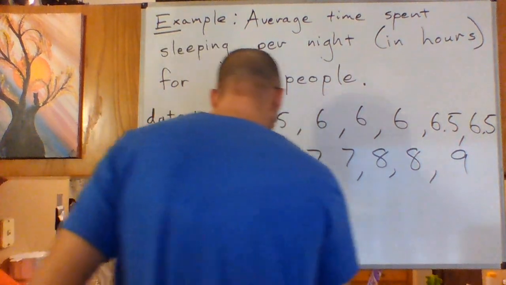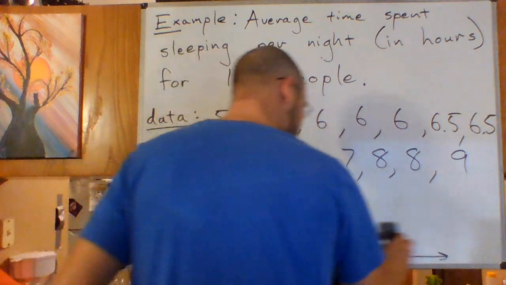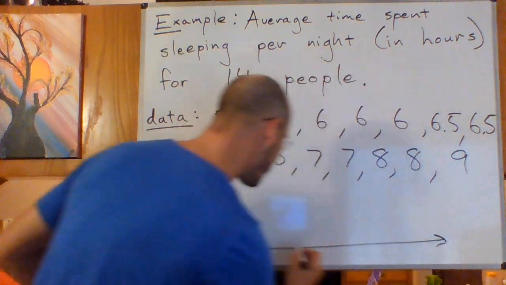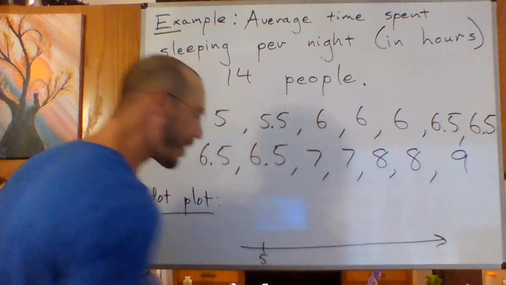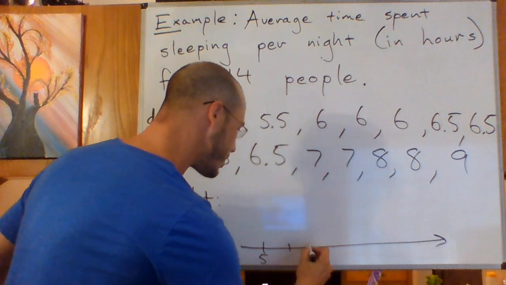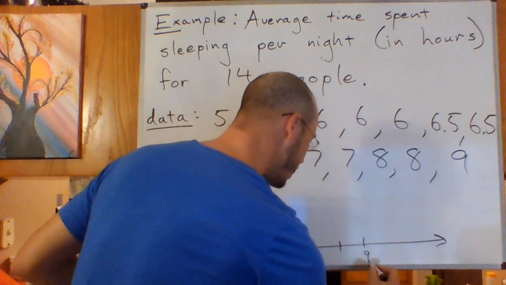So what I'm going to do for my dot plot is draw a number line with 5 at the low end, and then 6, 7, 8, 9.